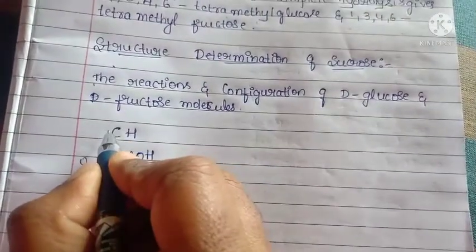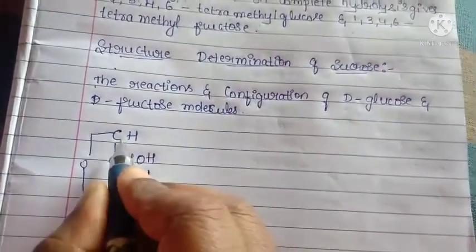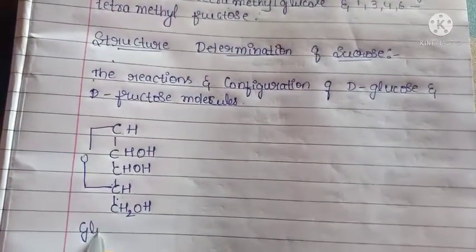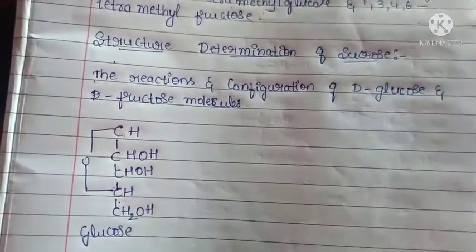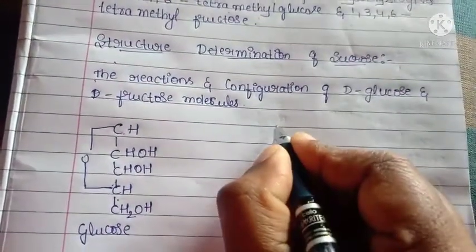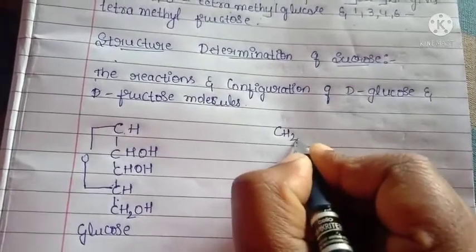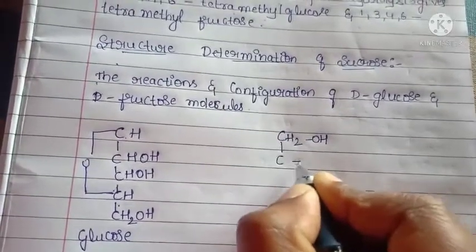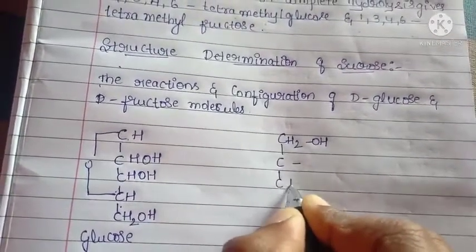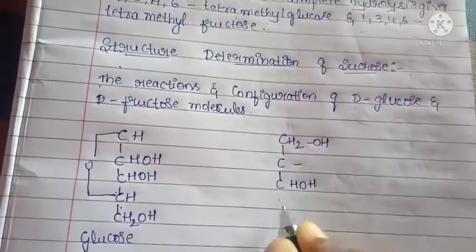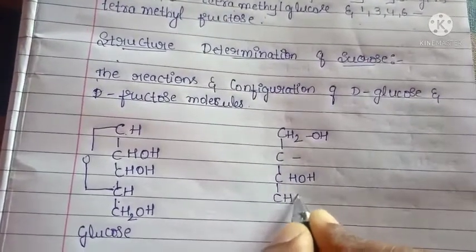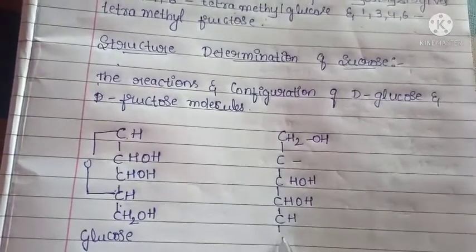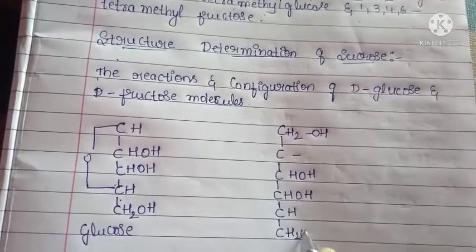glycosidic linkage. First, the glycosidic linkage between the C1 and the C4 carbon atom in the glucose unit, and then CH2OH, CHOH, CH2OH.